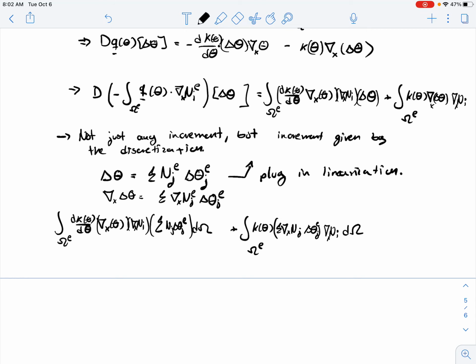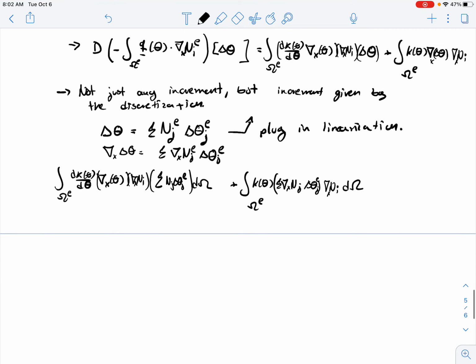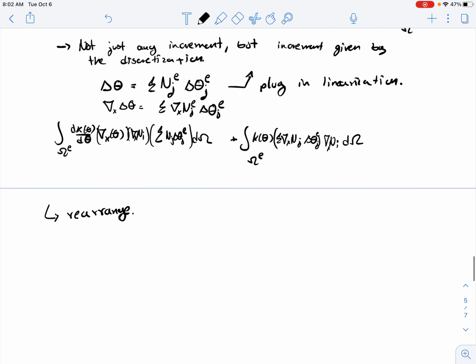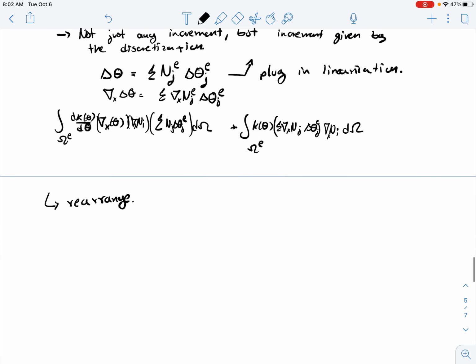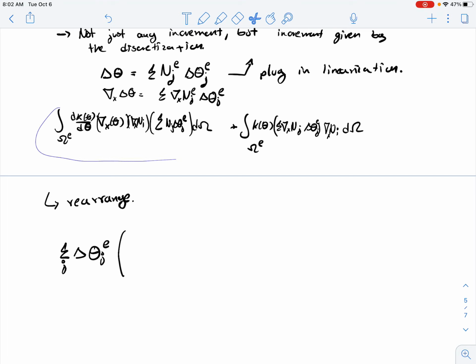Now we have i's and j's, and we have this sum. So this is actually similar to what I did for the weak form. If you rearrange this, what you will see is that you will have the sum over j of the increment, and then times everything, but now I'm just going to end up with N_i's and N_j's.